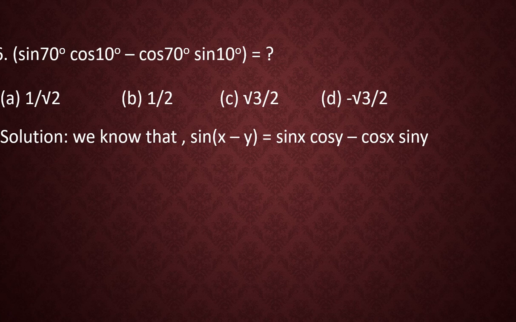That means in place of x, 70 is there, in place of y, 10 is there. Therefore, according to this formula, this is sine of 70 minus 10, that is equal to 60. Therefore, this will be sine 60 degree. You know that the value of sine 60 is root 3 divided by 2. This is the option.